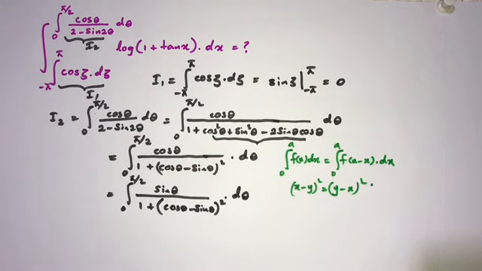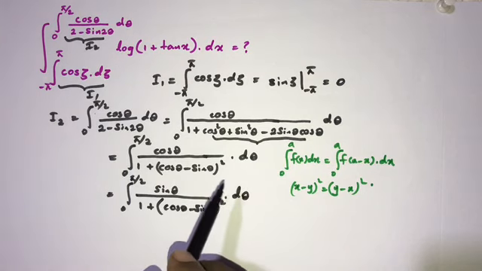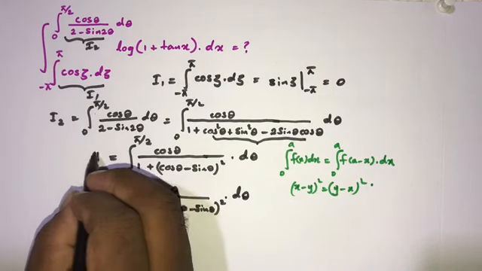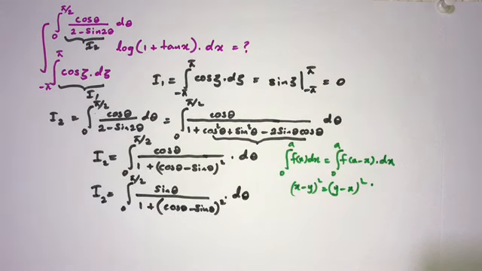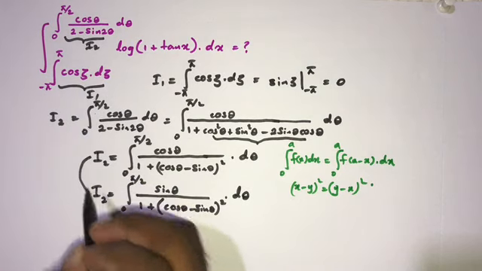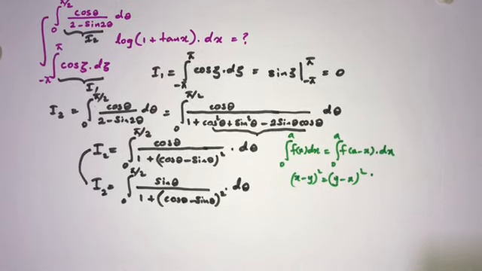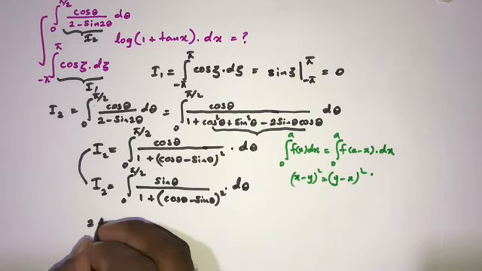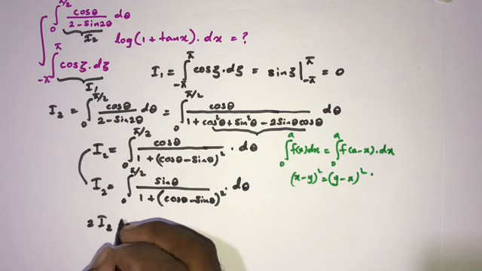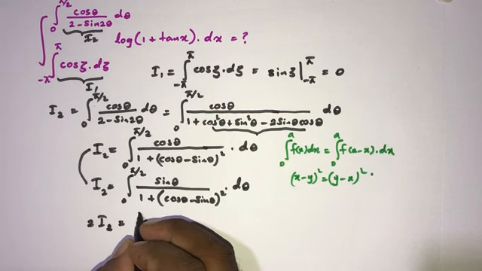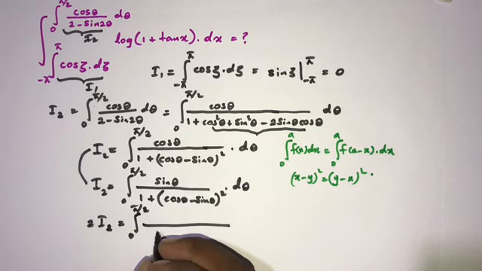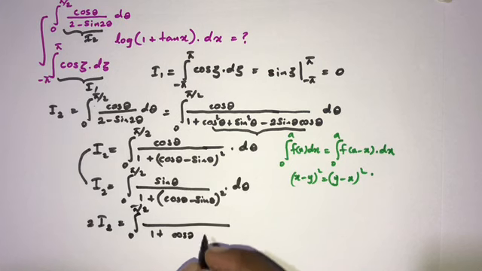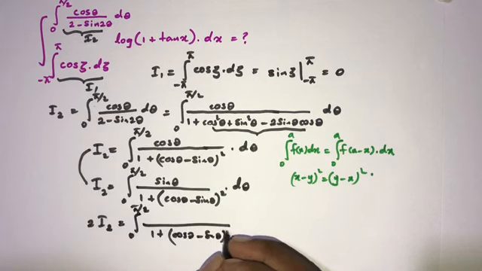Okay, then we know this integral is equal to I2, also this is equal to I2. Now I am going to take I2 plus I2, the sum of these equations. So we can write 2 times I2 is equal to the integral from 0 to π over 2, same denominator, 1 plus cosine of θ minus sine of θ square.